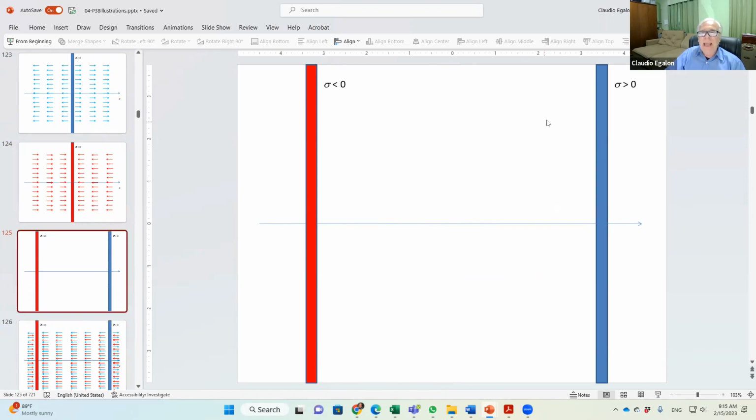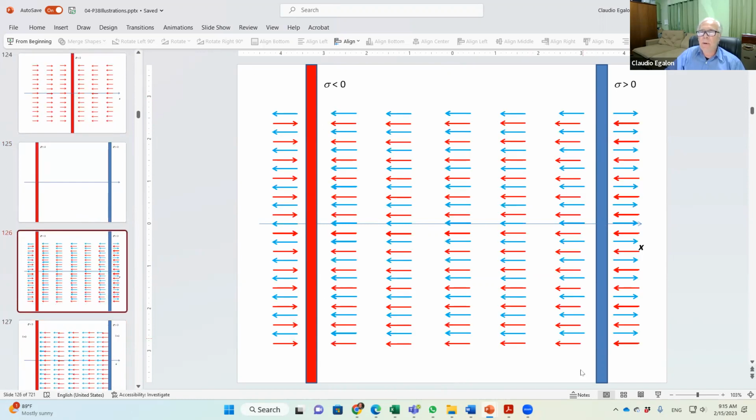See that this plate here is going to have a field to the left. The blue plate is going to generate those electric fields, illustrated by the blue arrows. Past the blue plate, the field is going to be to the right.